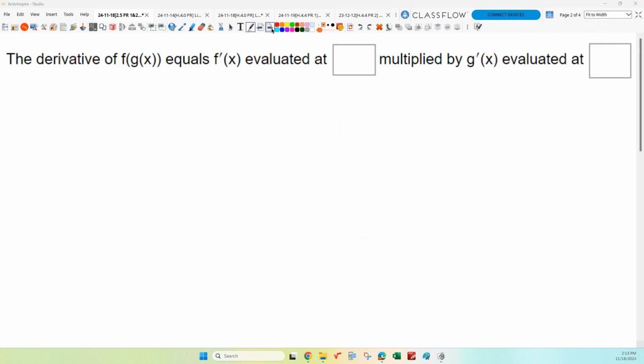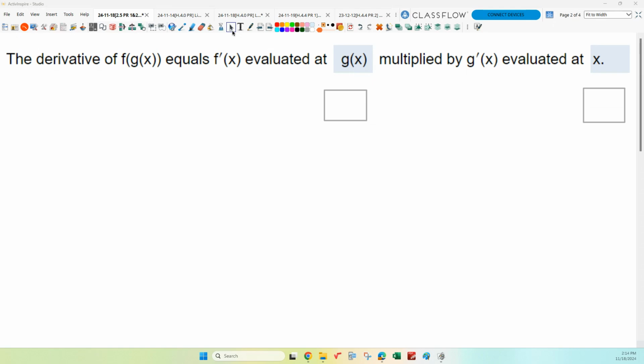So the derivative of f of g of x equals f prime, so the derivative of f of x evaluated where? At g of x, exactly. Evaluated at g of x multiplied by g prime of x evaluated at x. Okay, you get that? Because what did we say before?